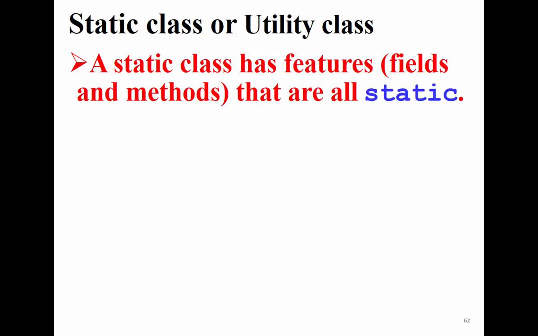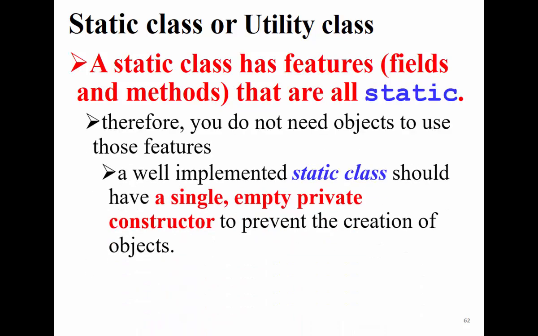Now, it needs to be clear that we have a type of class called a static class or utility class. These classes are static, and all the fields in this class are static.